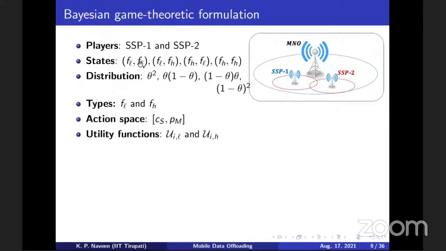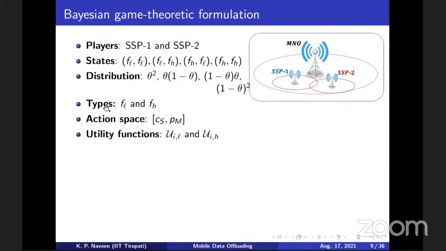It could be low flow at both the SSPs, the flow could be low or high, similarly high, low, or it could be high at both the SSPs. And the probability distribution on the states is simply given by this. Since the flows are IID, it very easily follows.